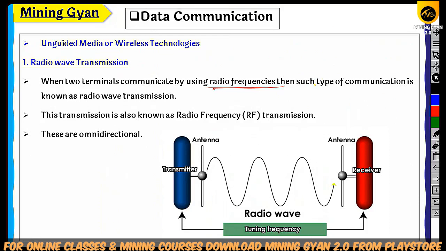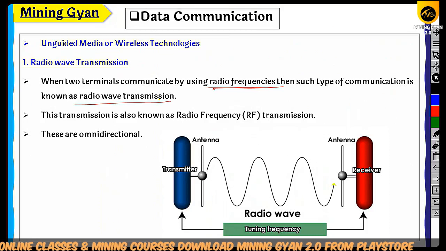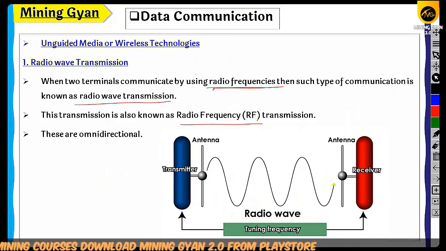Such communication is known as radio wave transmission, which uses radio waves to transmit data. It is also known as radio frequency transmission, because the signals used are radio frequency. These are omnidirectional.